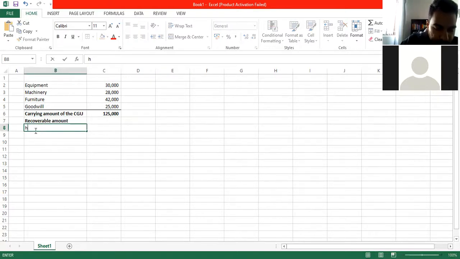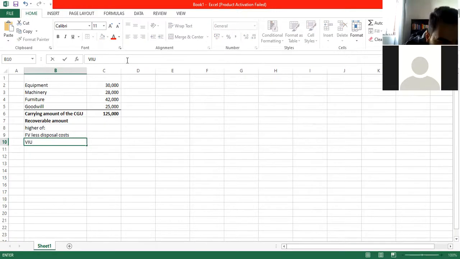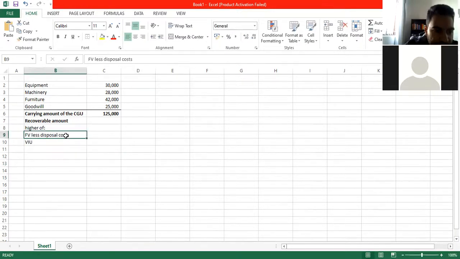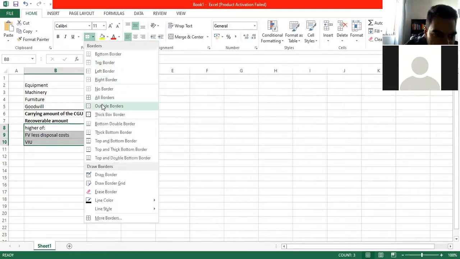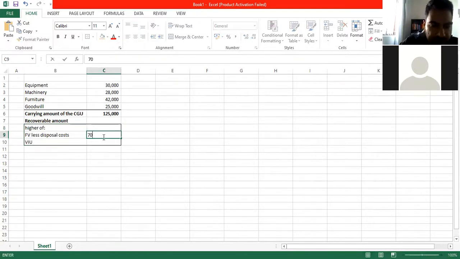Higher of what? Fair value less disposal costs and value in use. So the recoverable amount is the higher of the two.